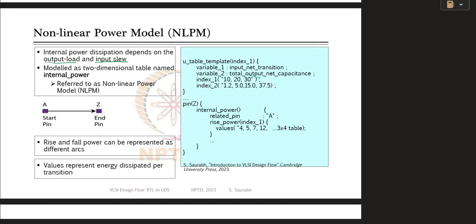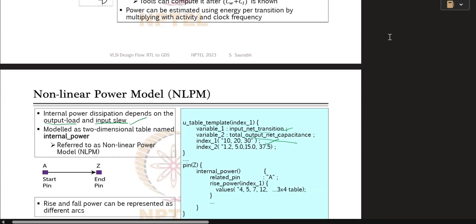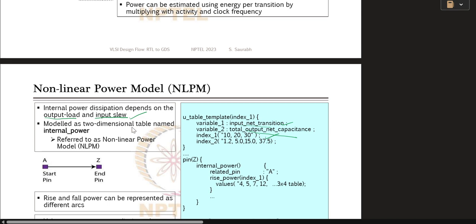Output load means output net capacitance, and input transition means input slew. These two things are being discussed, and it will make a two-dimensional table, a two-dimensional array kind of thing, with the input transition time slew on one axis and the output capacitance on the other. The unit will be picofarad.